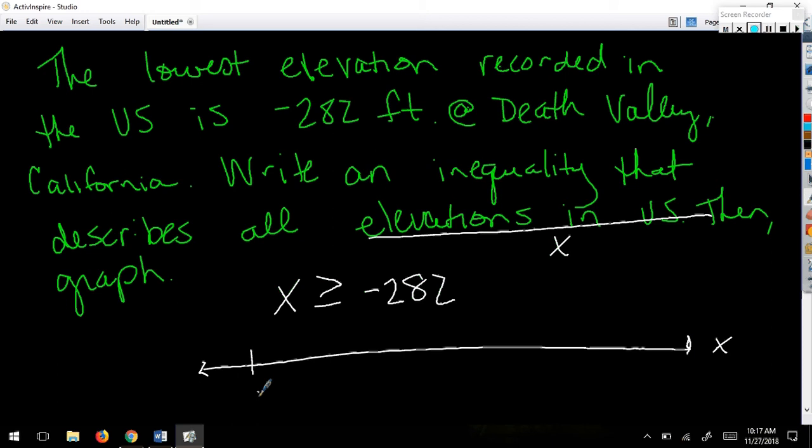If I start at negative 280 and go up, I'm going backwards, so I'm going to start at negative 285. Because the smaller the negative number, the bigger it actually is, since I'm getting closer and closer to 0.